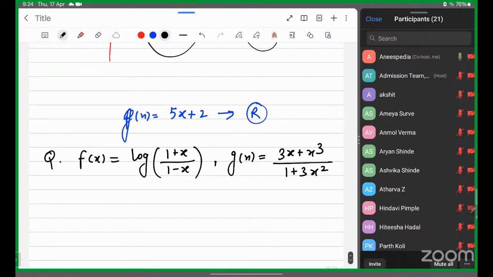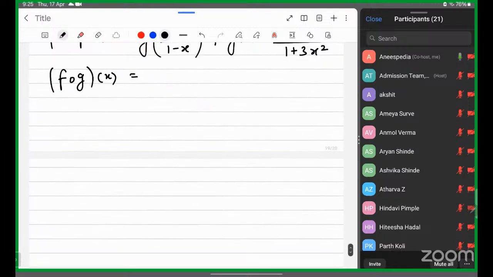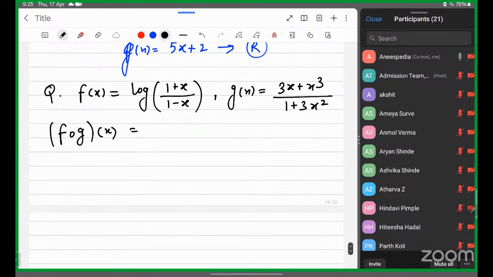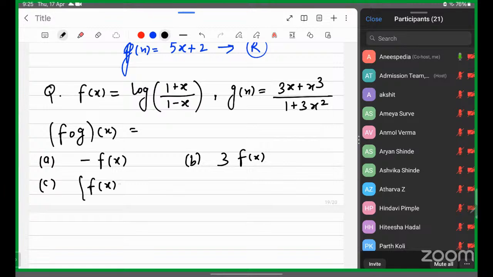You have to find out the value of f of g of x. So what will be the value of f of g of x in this case? Options are option A minus f of x, option B 3 times f of x, option C f of x whole cube, option D none of these.